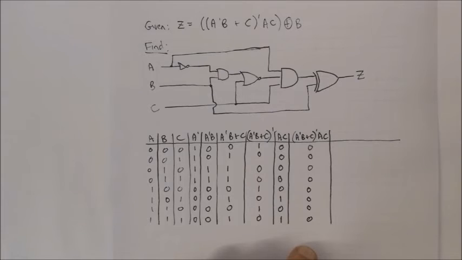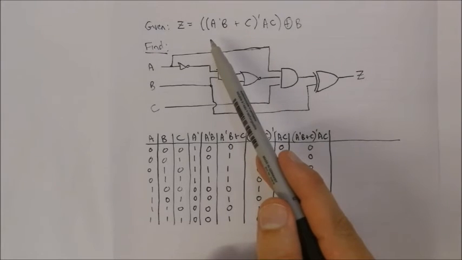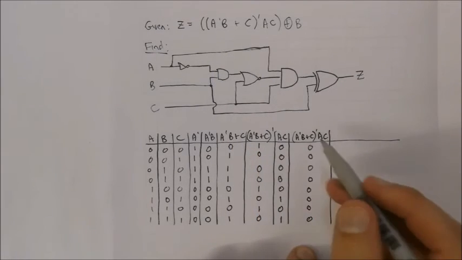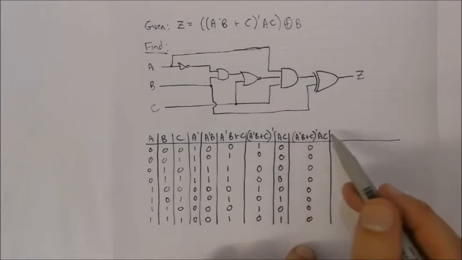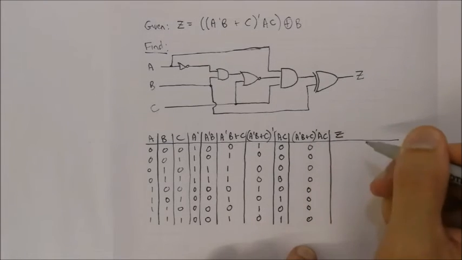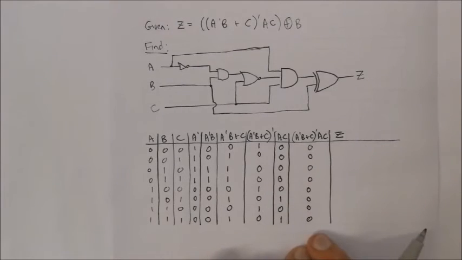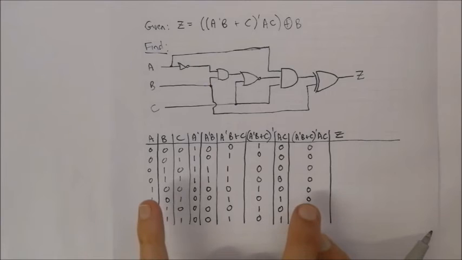Now that we've done that, we can look at the final expression. I could write this expression and then say X or B, or I could just say plainly Z. That's the output. So it's this column over here that's going to be XORed with B. Remember, with the XOR expression, it's like adding binary numbers.